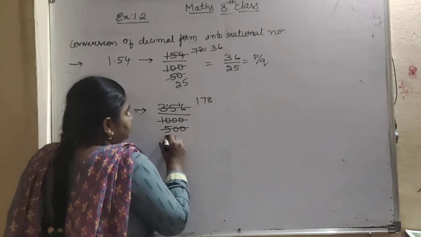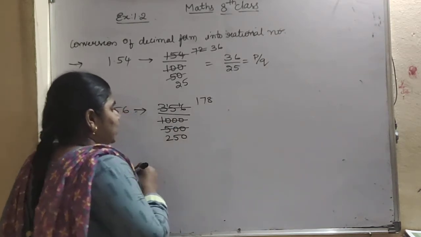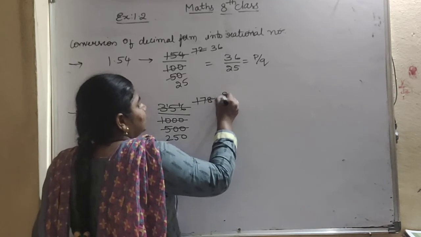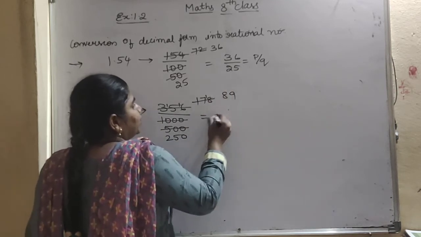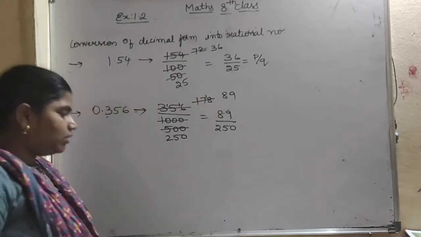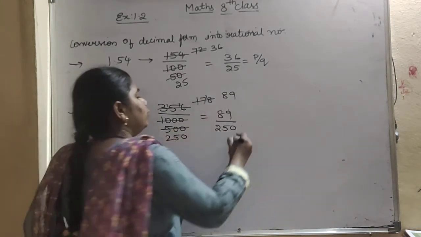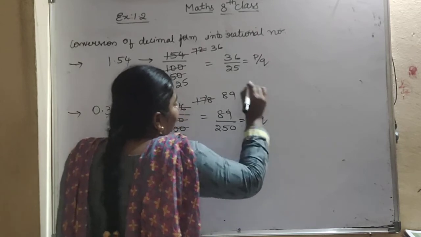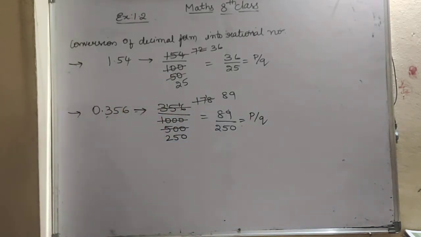So 2 50s are 100, 2 8s are 16, 2 9s are 18. So what is the answer? 89 by 250 is our answer. So this 89 by 250 is in the form of P by Q. So this is how you will convert the decimal number into P by Q form.